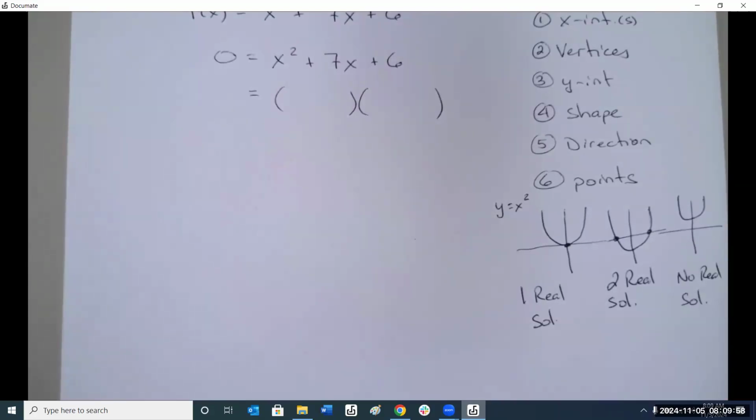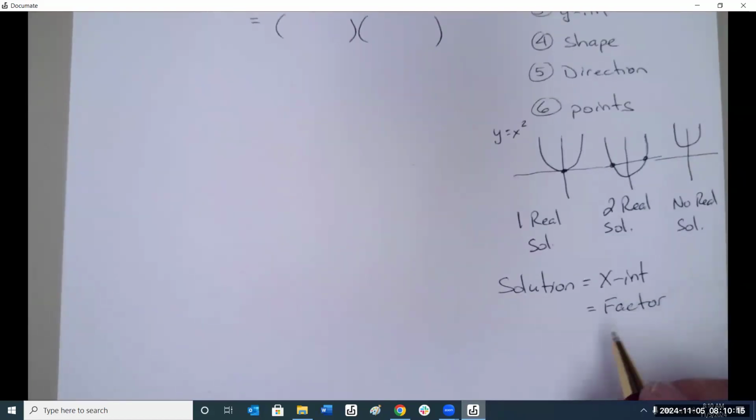Remember the connection. When we say solutions, what are we looking at? What are we talking about? Yeah, so the word solution is the same thing as x-intercepts, is the same thing as what we call factors.